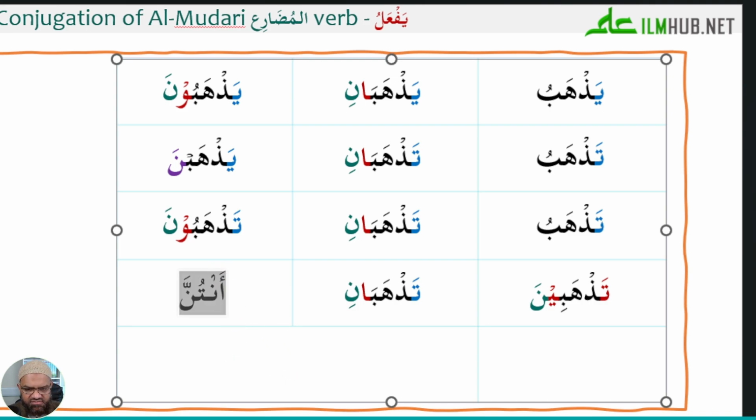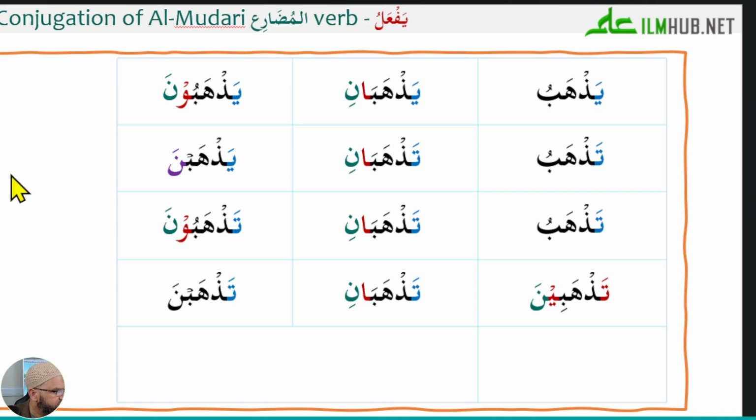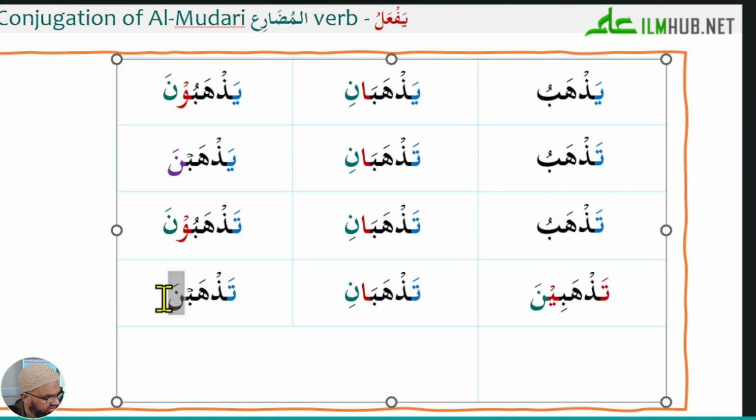And then we have antunna. The antunna version, again, is exactly similar to what we've seen with the hunna version. The antunna version will begin with the ta, dhal, ha, and then the ta is our sign harf, put that in blue, and then we have the noon at the end, and this noon is going to be colored in purple, even though it's the doer.